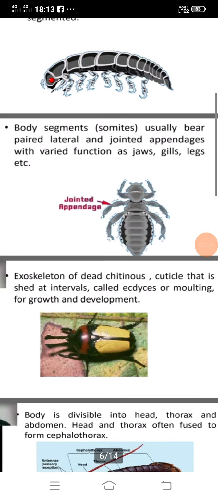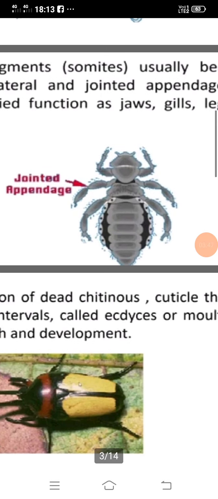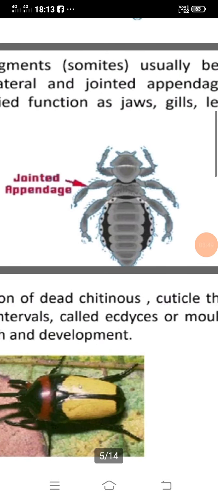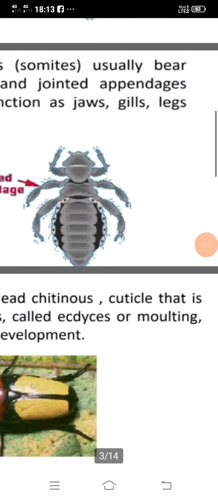So appendage doesn't mean legs only. You may have the appendage of mouth, which includes jaws. Gills are also the appendage of the body, and the legs also.